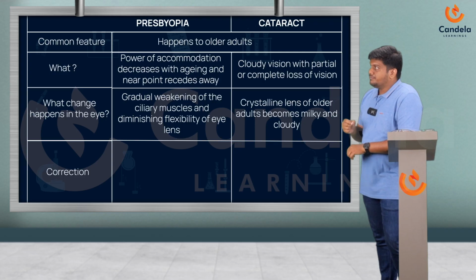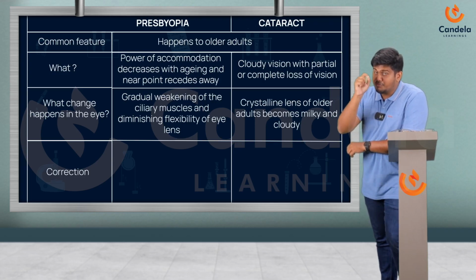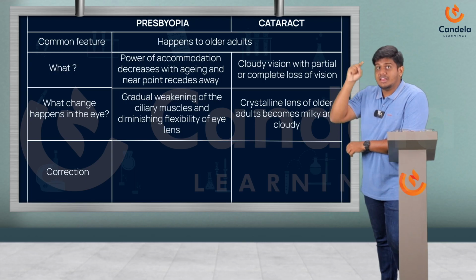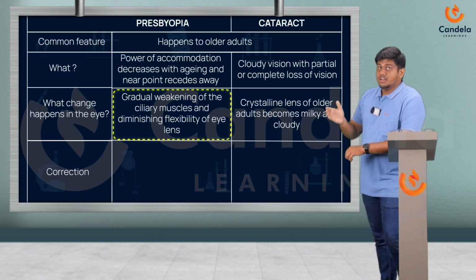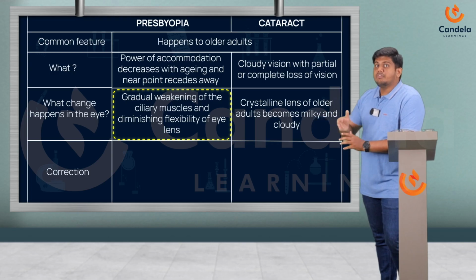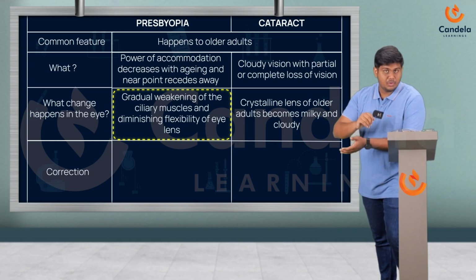What change happens in the eye? In presbyopia, the clue here is power of accommodation, right? For power of accommodation to happen, it is your ciliary muscles that need to be working. So if your ciliary muscles weaken, and muscles do weaken as you grow old, then your power of accommodation will slowly be affected. And this is what happens in presbyopia.